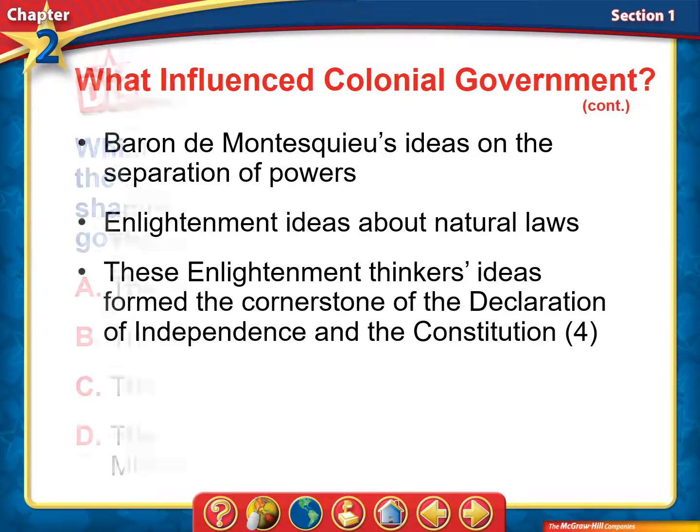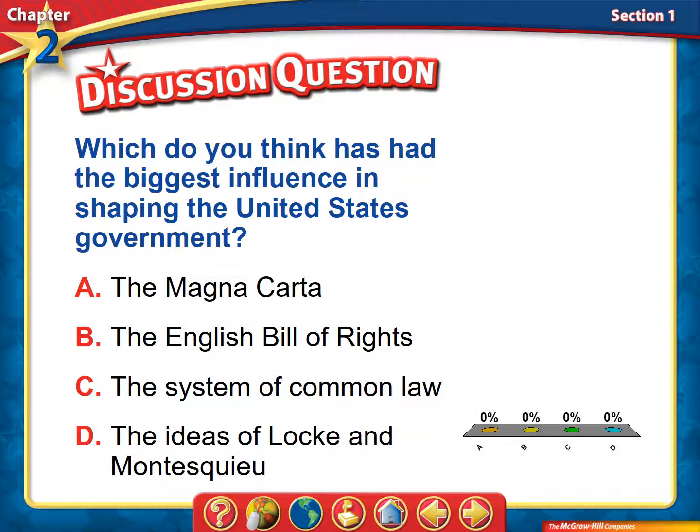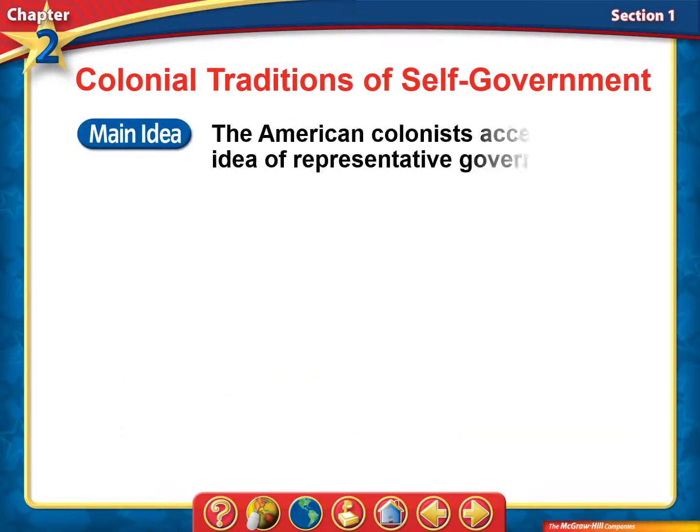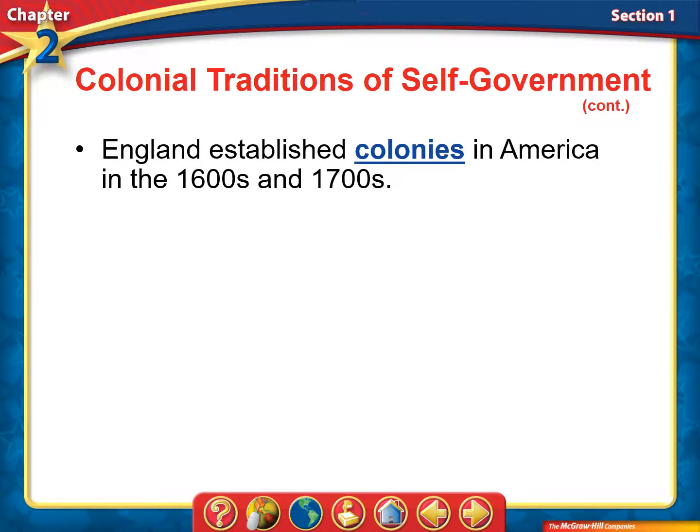Okay, so the biggest influence in shaping the American government, again, is a matter of interpretation. The fact is that all of these points served as a bit of foundational influence. But of course, the idea of self-government, limited government, is huge in our Constitution. There's an entire amendment, the 10th Amendment, that says if it is not specifically stated in this document, live your life.